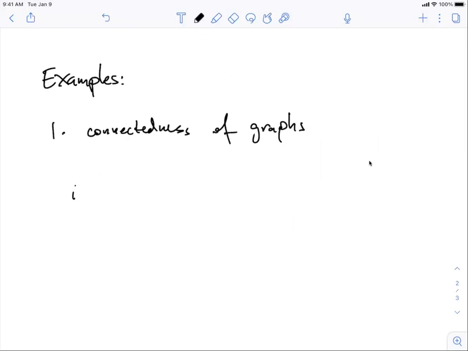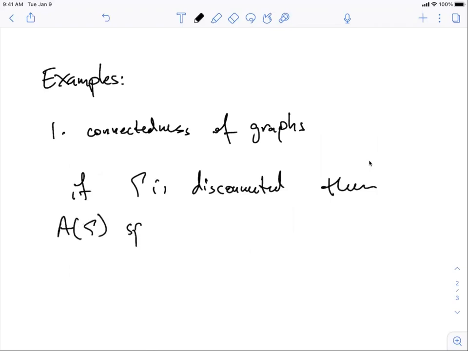If gamma is disconnected, then A of gamma splits as a non-trivial free product. That's a very easy observation from what I just said. The converse is not particularly difficult if one has the right tools, and is also true.